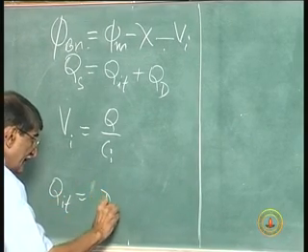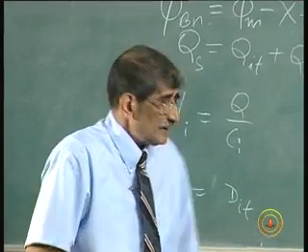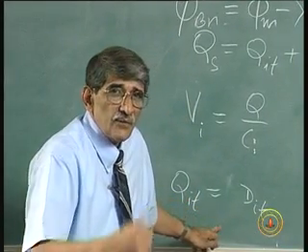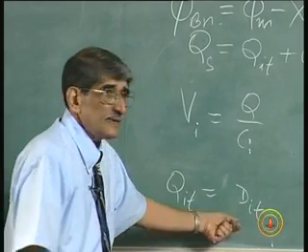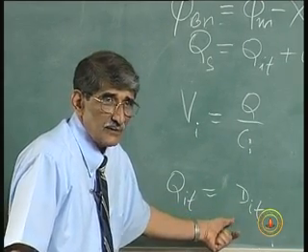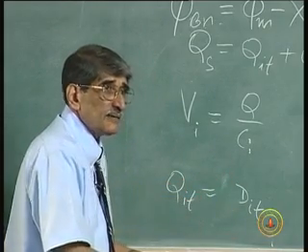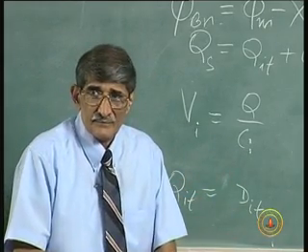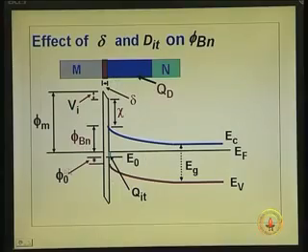It is related to DIT. What we have assumed is that DIT is there uniformly across the band gap with the density DIT per centimeter square per electron volt. Now, how much the charge is depends upon whether it is acceptor or donor. The way we have put it here, this is the neutral level. Fermi level is above that.